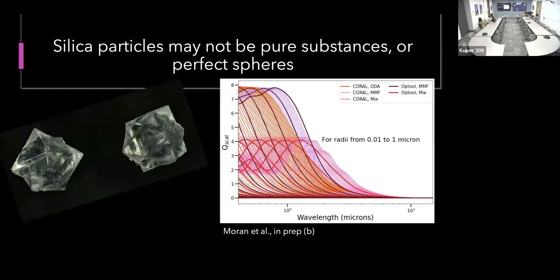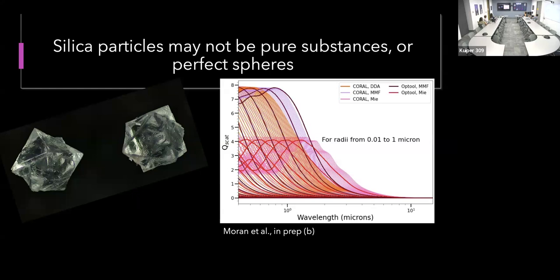Everything I've done so far has been imagining that these are perfect spherical particles to put into the MIRI code. But of course, because they are crystalline, that very likely is not true. And then additionally, you might expect that there are some weird inclusions that, at least with rocks, sodium and aluminum very frequently get incorporated into silica.